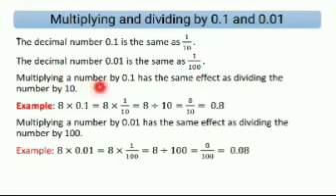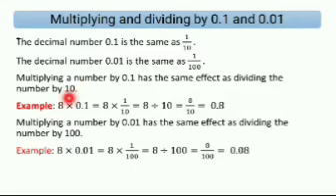Now multiplying a number by 0.1 has the same effect as dividing the number by 10. Since 0.1 is the same thing as 1 over 10, multiplying any number by 0.1 is the same thing as dividing that number by 10. Is that clear?